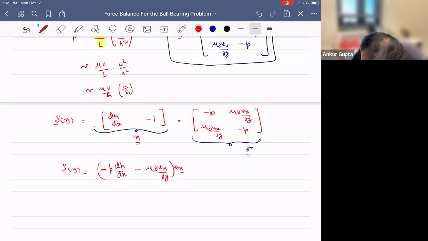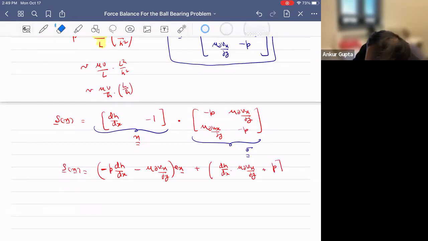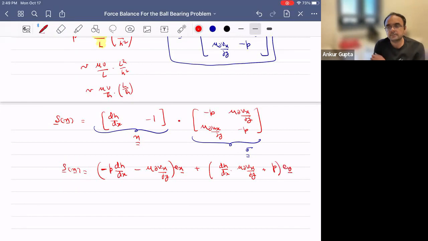Then we'll have plus dH by dx times mu del Vx by del y plus p Ey. Okay, so you can just do the matrix multiplication, and this is what you get.